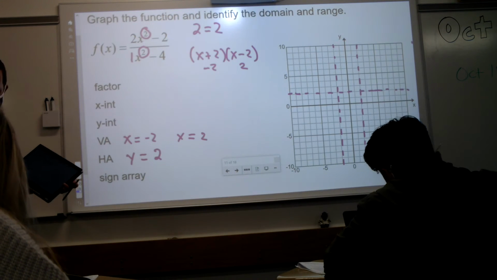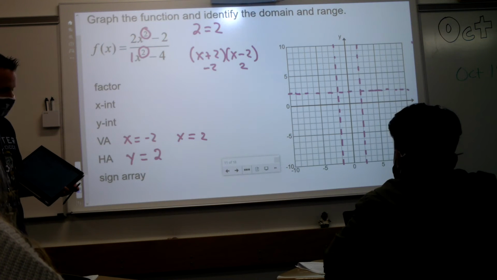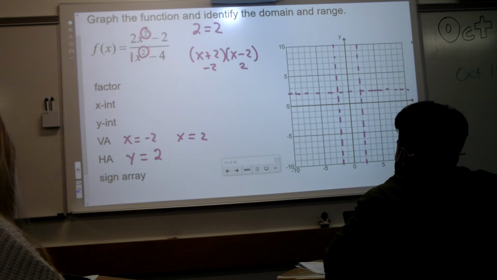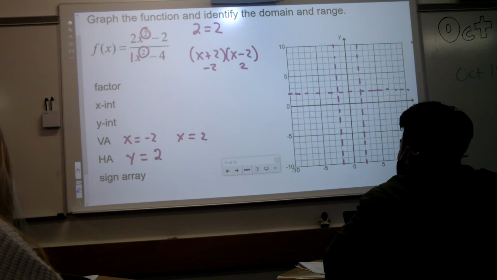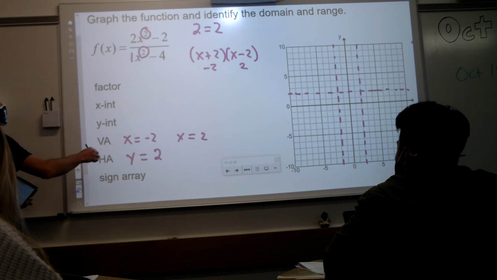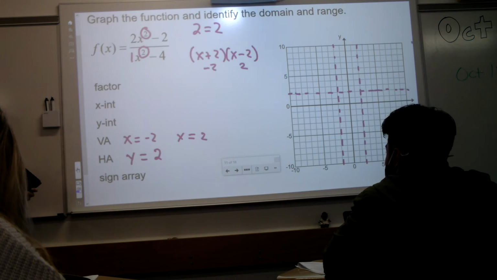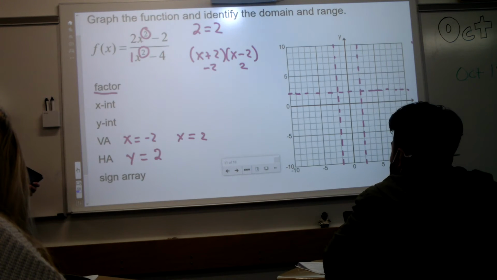Great. Let's now go to Christian. Christian, where do we get the x-intercepts from? That would be it if we didn't have that leading coefficient or anything. But you know what we're actually going to need to do is factor the numerator as well.